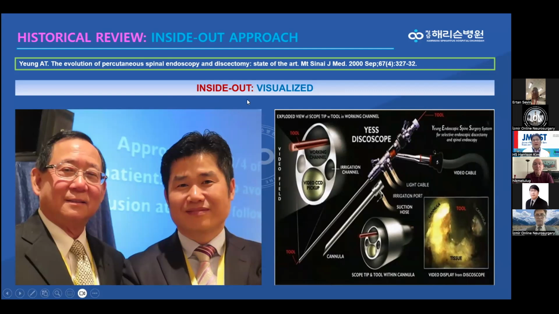But anyway, using this inside-out transforaminal approach, some cases are not easy to overcome.